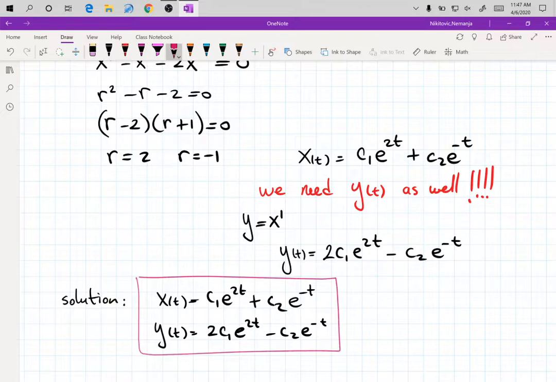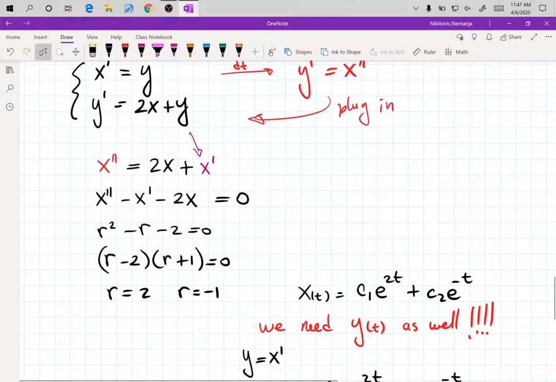Right? So our job is to figure out this system here and combine it into the single second order.